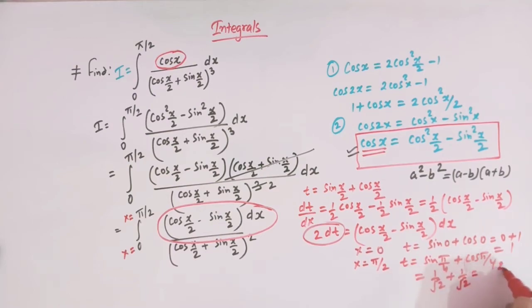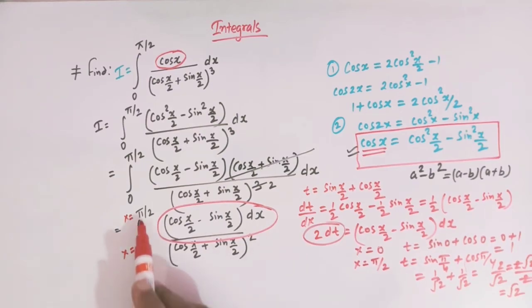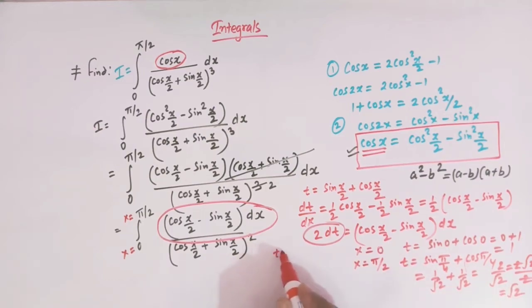So this is 2 over root 2. And if we rationalize it, we'll have 2 root 2 over 2. So 2 and 2 get cancelled, and we are left with square root of 2, right? So now when x varies from 0 to pi by 2, then t varies from 1 to square root of 2, right?